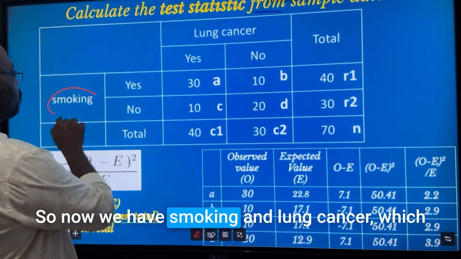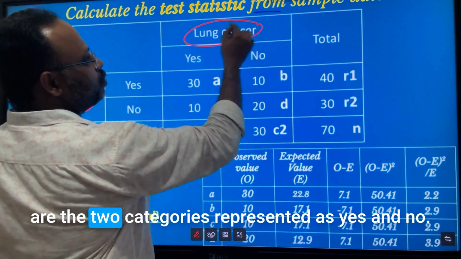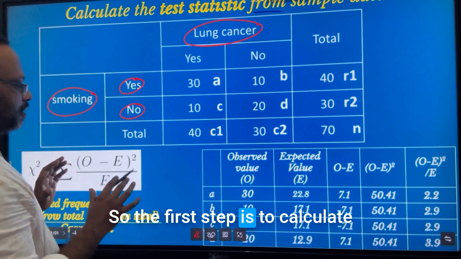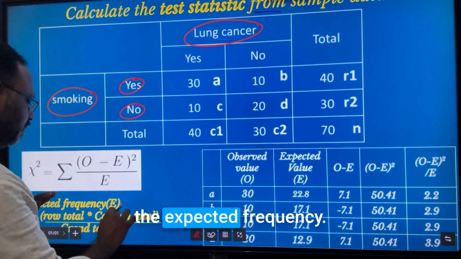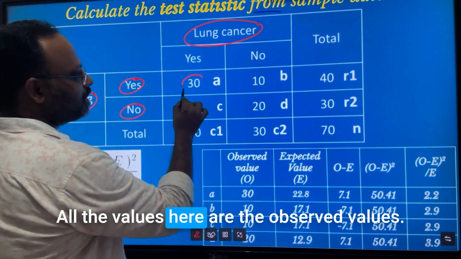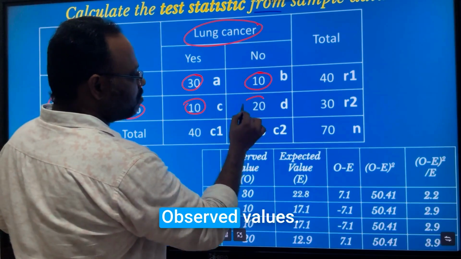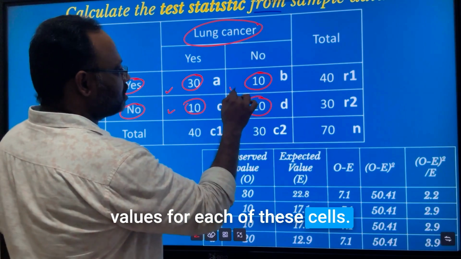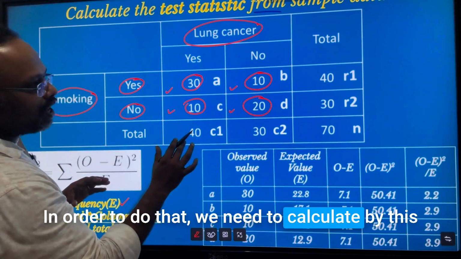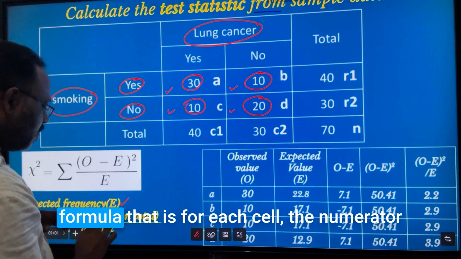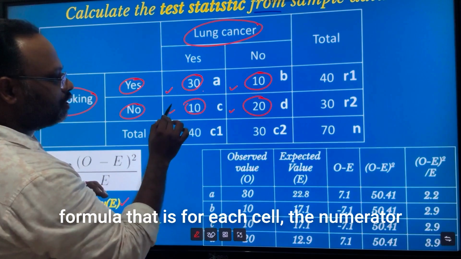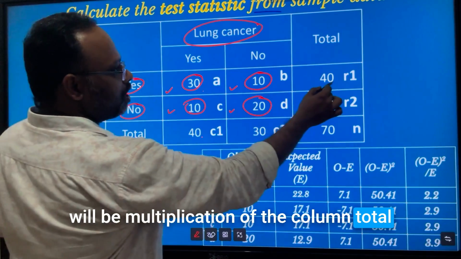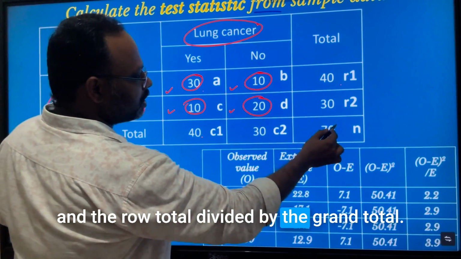So now we have smoking and lung cancer, which are the two categories represented as yes and no. So the first step is to calculate the expected frequency. All the values here are the observed values. We need to calculate the expected values for each of these cells. In order to do that, we need to calculate by this formula, that is for each cell the numerator will be multiplication of the column total and the row total divided by the grand total.